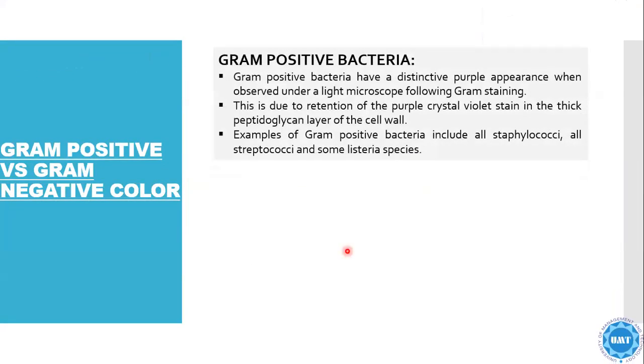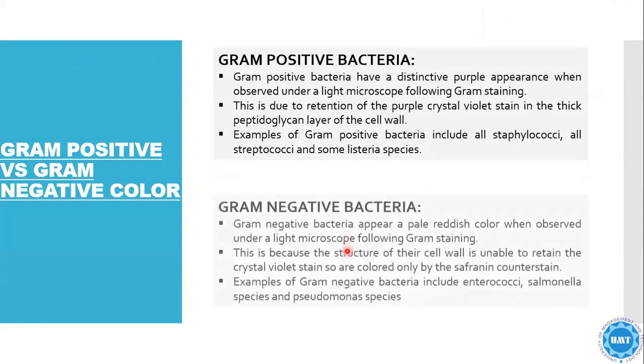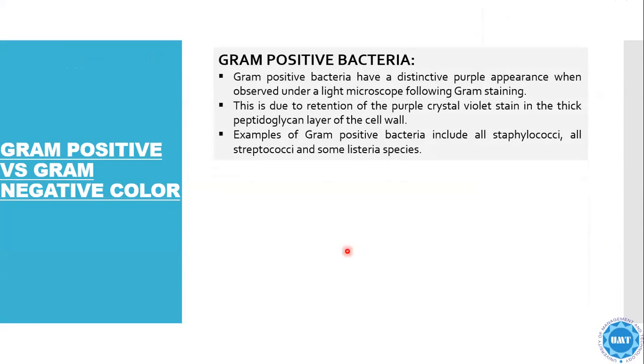So, gram-positive bacteria versus gram-negative bacteria. Gram-positive bacteria have a distinctive purple appearance when observed under a light microscope following Gram staining. This is due to the retention of the purple crystal violet stain in the thick peptidoglycan layer of the cell wall.